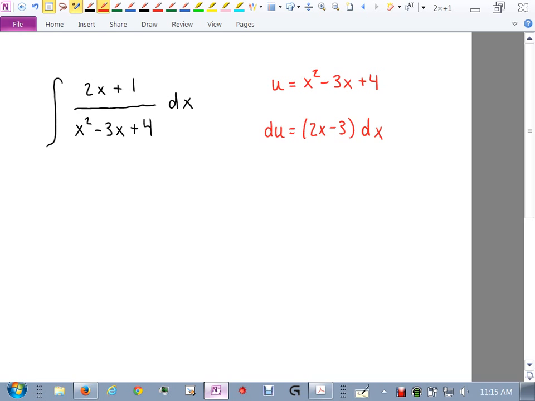So I'm going to make it happen. I'm going to say 2x minus 3, but I can't just subtract 3 unless I add 3, and then what was still up there? Plus 1. Now you're sitting there going, what are you doing? You're making this more complicated.